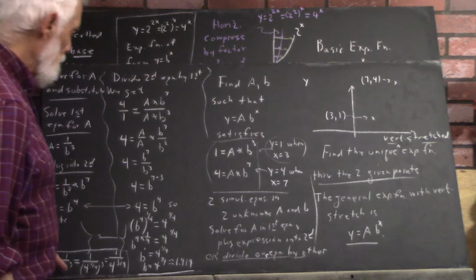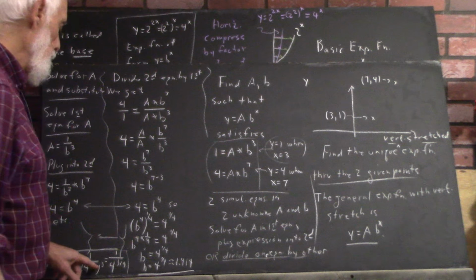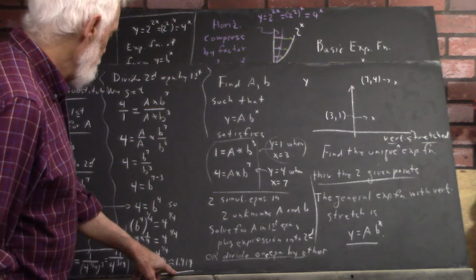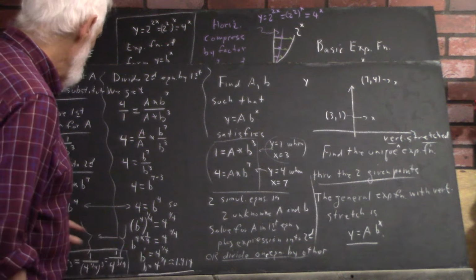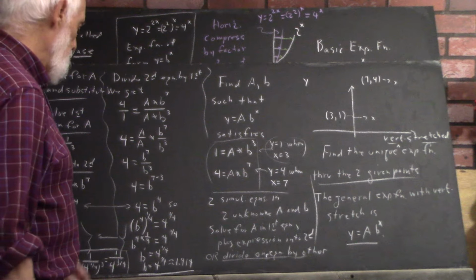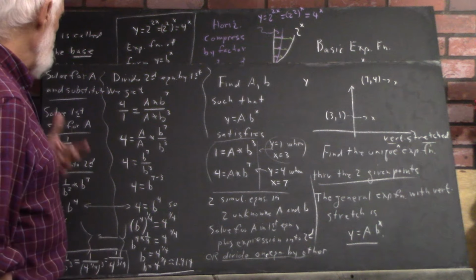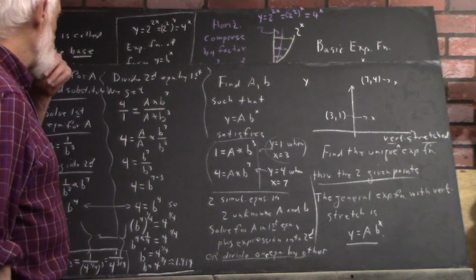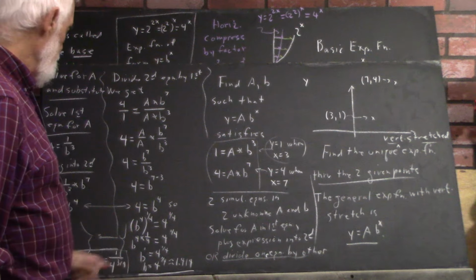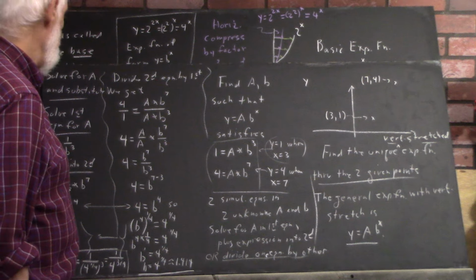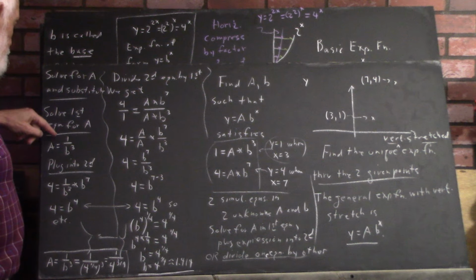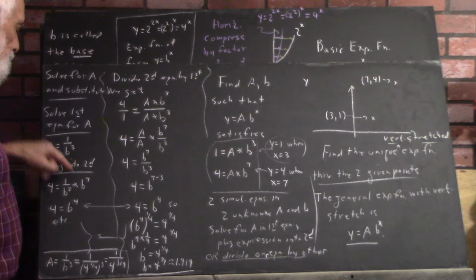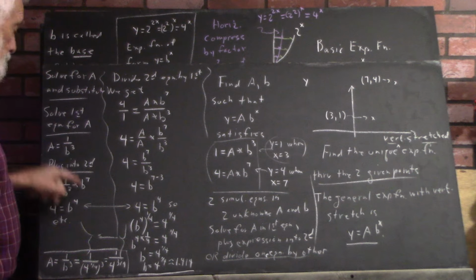So now we know what our function is. We've got the value of a and we've got the value of b. Notice that either way we solve to get the value of b, of course we get the same thing, and then we can plug that back into either equation to get the value of a. Since I'd already solved the first equation for a, I just used that solution with the value of b.